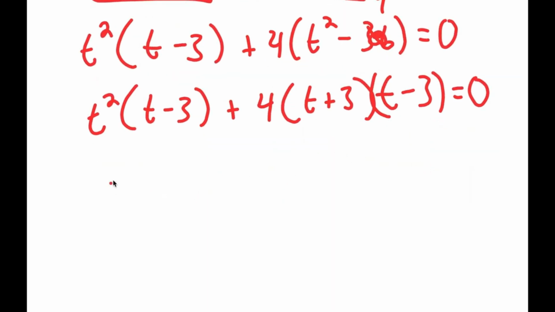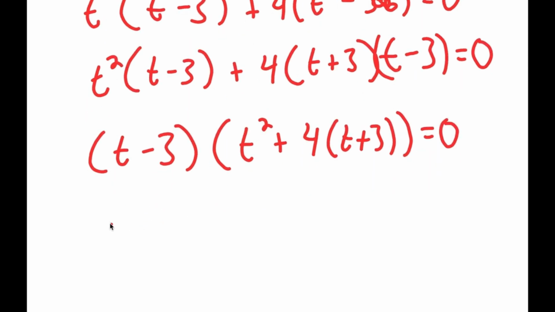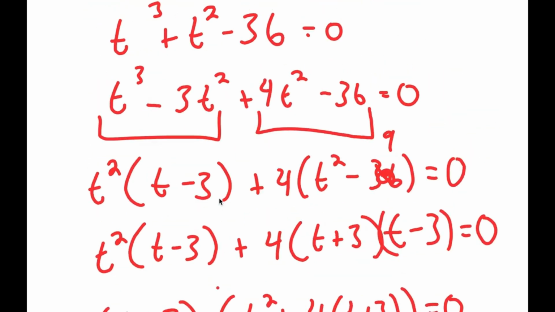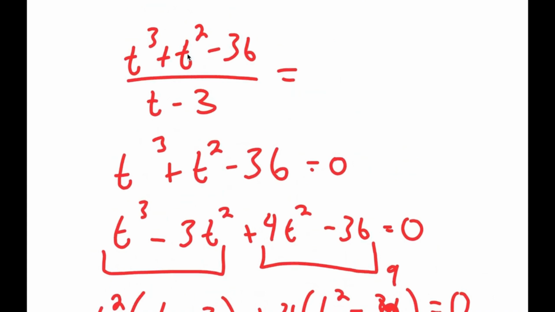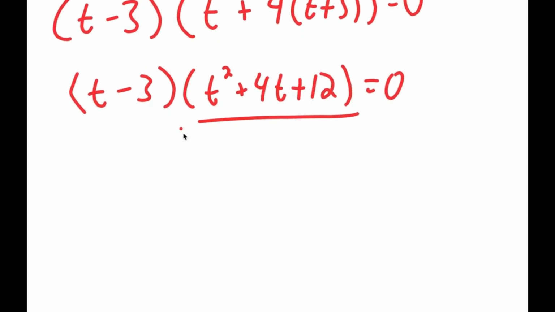Now from this whole thing, I can factor out t minus 3. So I get t minus 3 times t squared plus 4 times t plus 3, which is equal to t minus 3 times t squared plus 4t plus 12, meaning t to the power of 3 plus t squared minus 36 divided by t minus 3 is right here, t squared plus 4t plus 12.